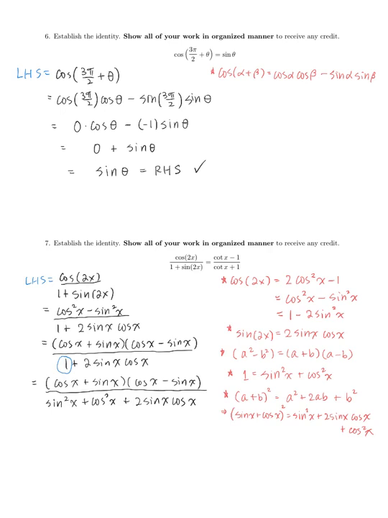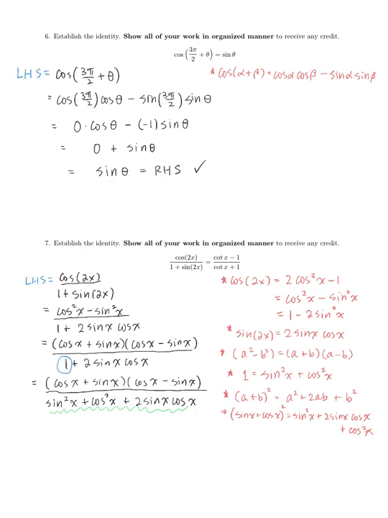Isn't that exactly what we have over here in this denominator? So if I rearrange it, I could rewrite it as sine square of x plus 2 sine x cosine x, plus cosine square of x.